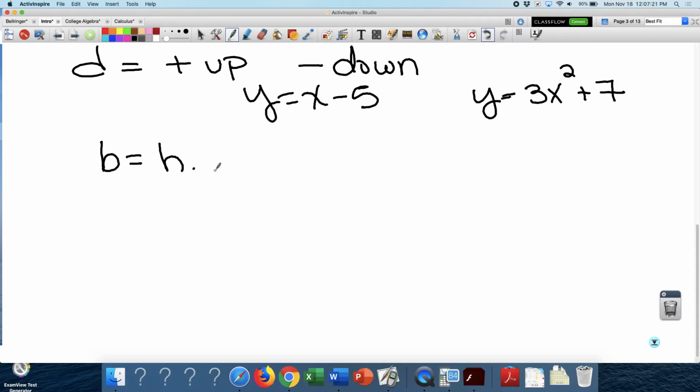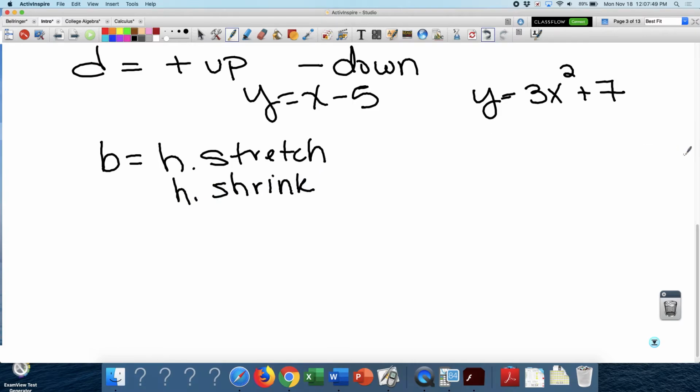Now your insides of the brackets are your rebellious children. You may be the vertical child, where you do everything you're expected to do, or you may be the horizontal child, who does everything opposite of what you're told to do. B and C are those. So B tells you horizontal stretch and horizontal shrink.